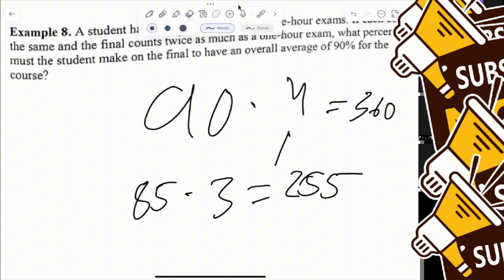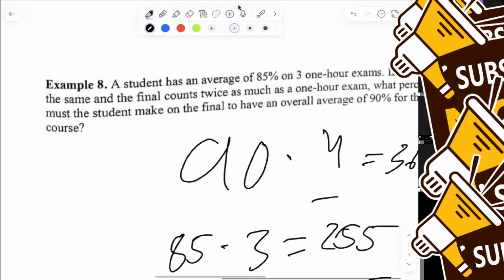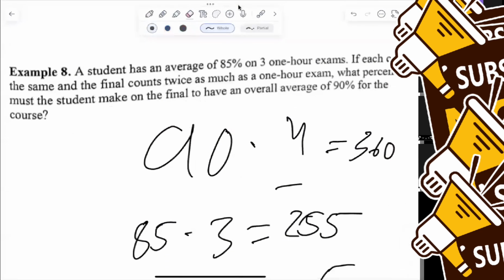And subtract. It gives you, let me think how to, oh wait, shoot. It's twice as much. So we should multiply by 5 actually.